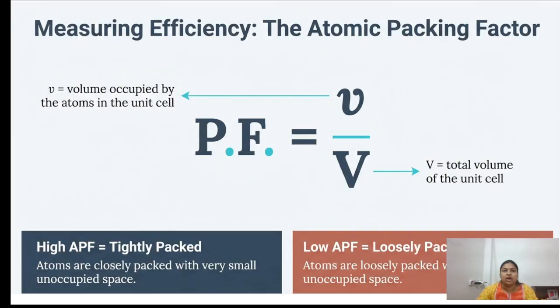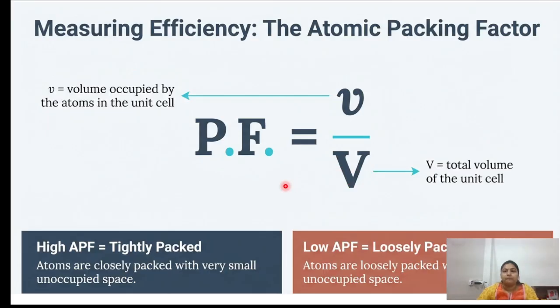So first, how will we define the atomic packing factor? The packing factor, P.F., is small v divided by capital V. Small v is the volume occupied by the atoms in the unit cell and capital V is the total volume of the unit cell.